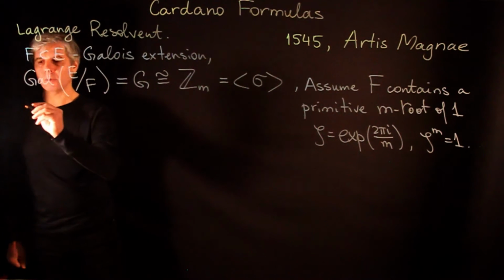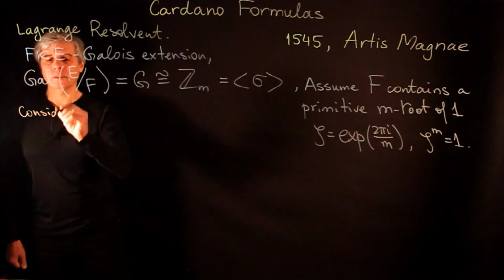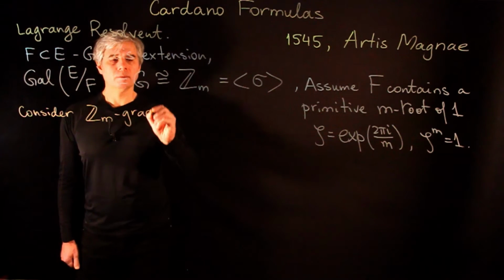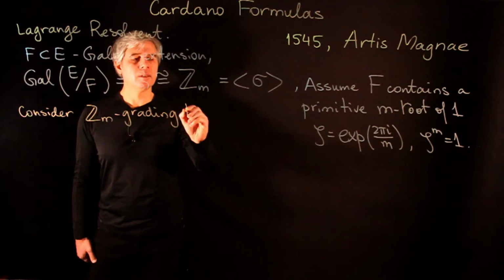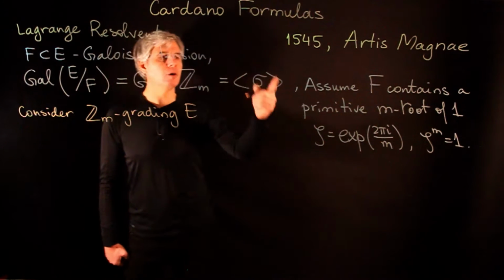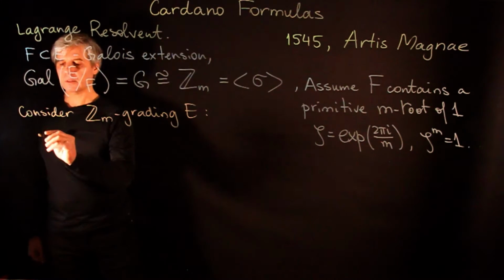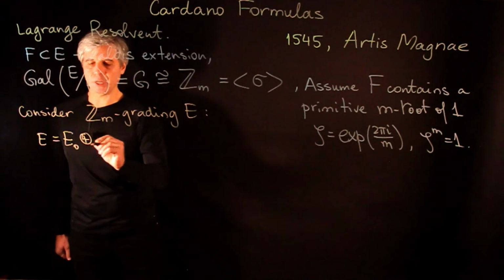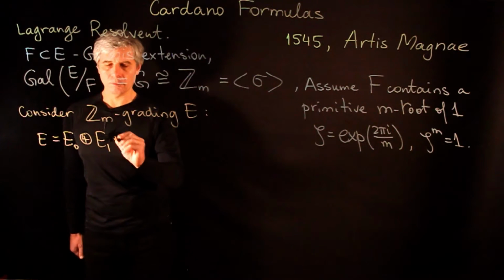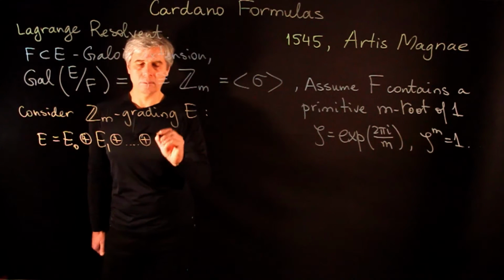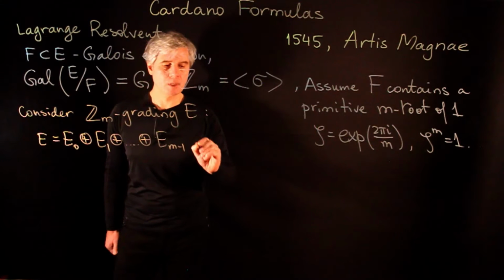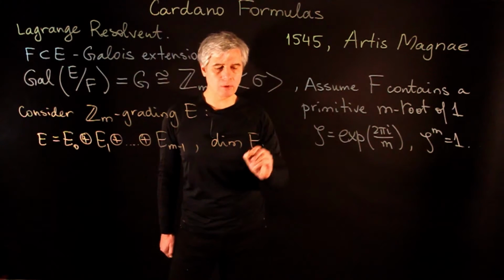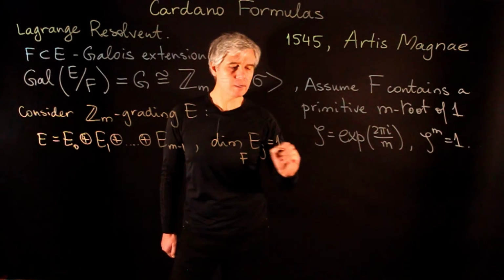As in the previous lecture, we consider a Zm grading on the field E by eigenspaces of operator sigma. E decomposes into a direct sum of one-dimensional subspaces. So dimension of each Ej over the field F is equal to 1.